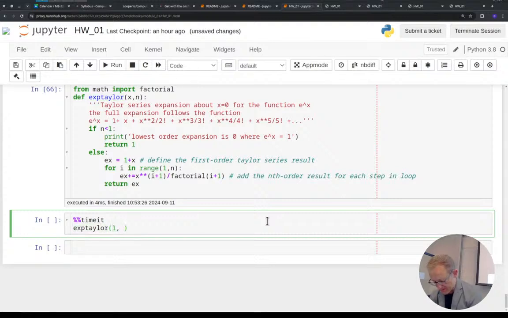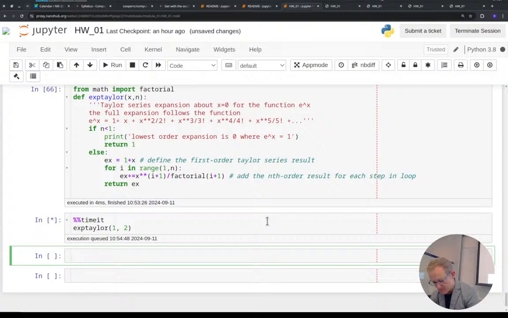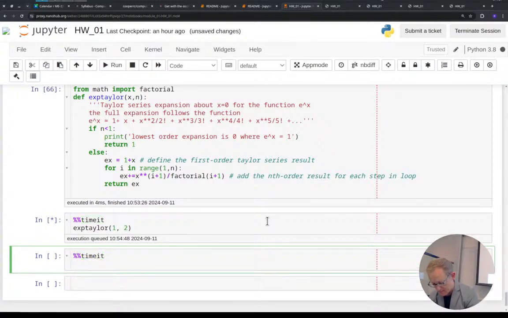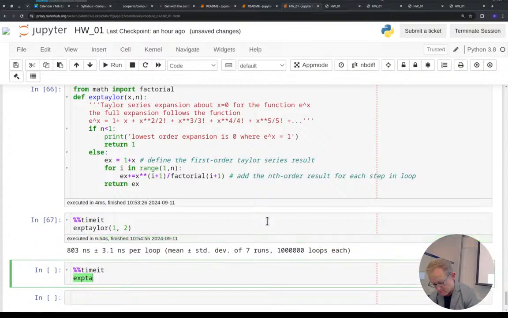I only want to time just minimal things, just little things that we want to figure out how long they take. So we'll try 1 and 2. One and 10.